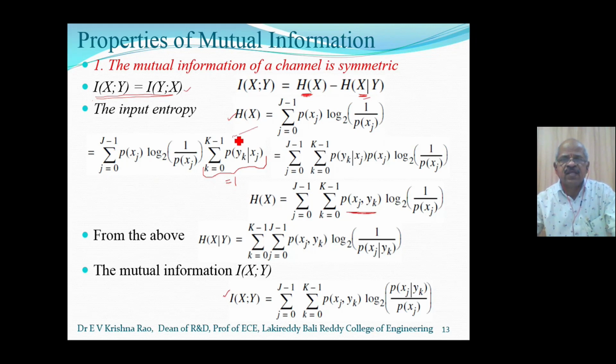So H(x) is multiplied with 1, and the whole expression can be written as sigma over j equal to 0 to j minus 1, k equal to 0 to k minus 1, of p(yk at xj) into p(xj), and logarithmic base 2 of 1 by p(xj). The product is the joint probability. So H(x) is defined in terms of the joint probability between input and output, with j from 0 to j minus 1 and k from 0 to k minus 1.